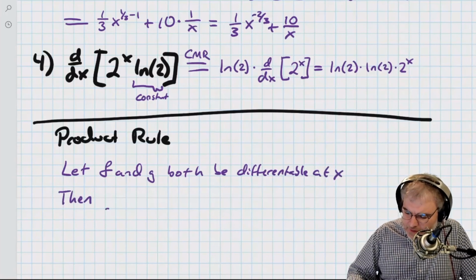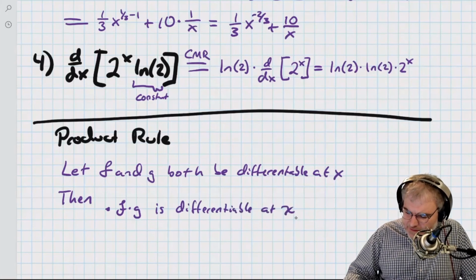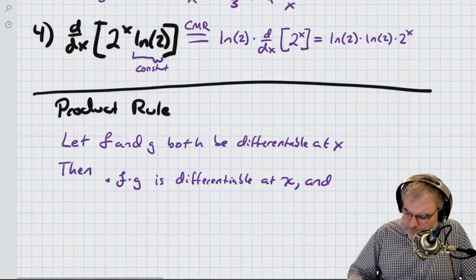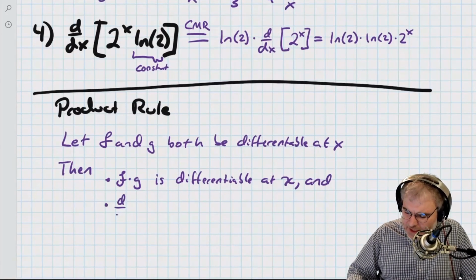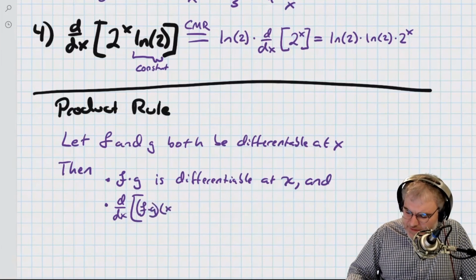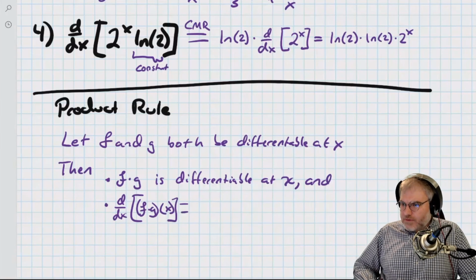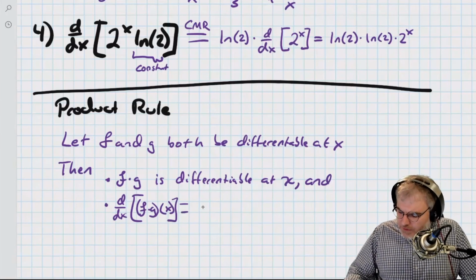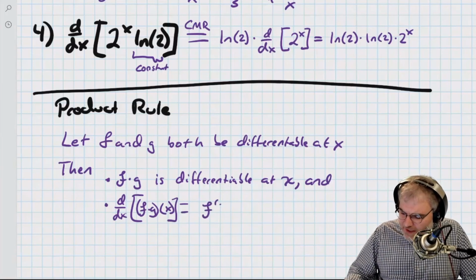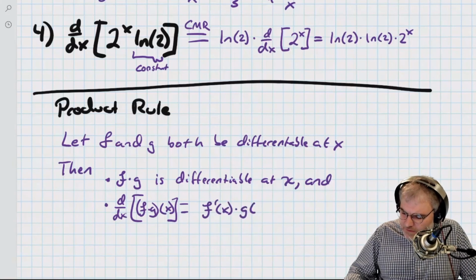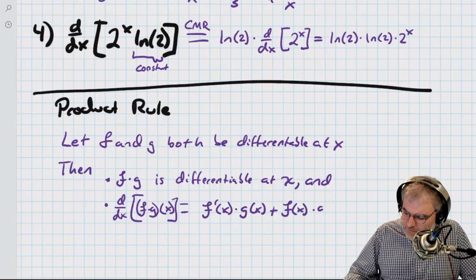Then f times g is differentiable at x, and d over dx of f times g of x equals the derivative of the first, f prime of x, times g of x plus f of x times g prime of x.